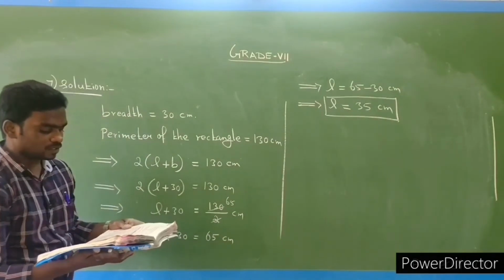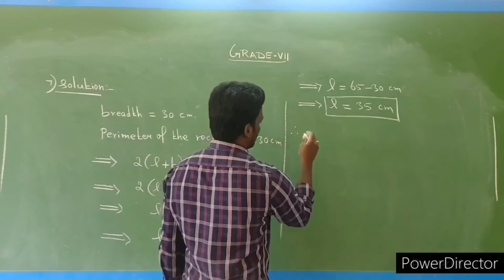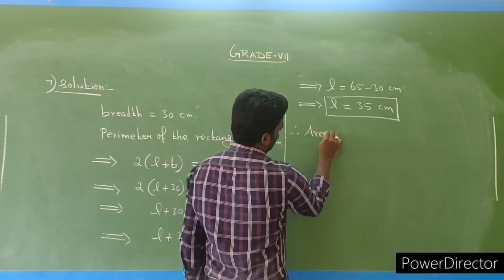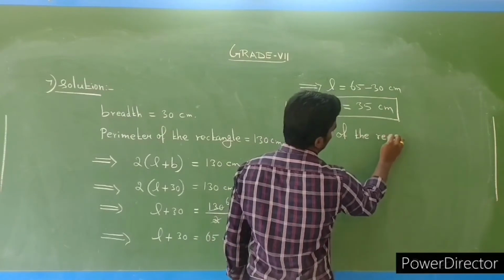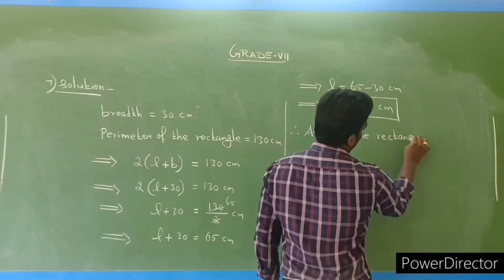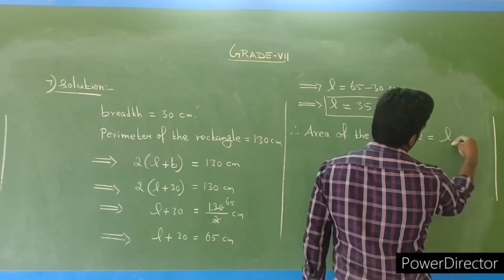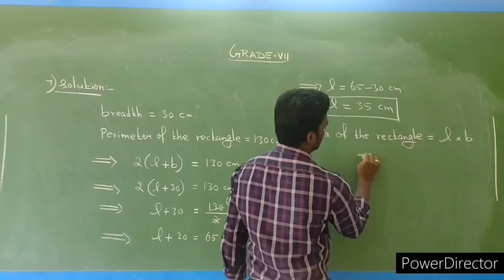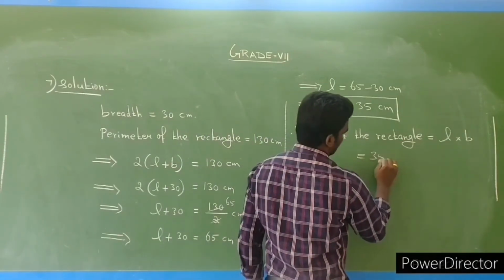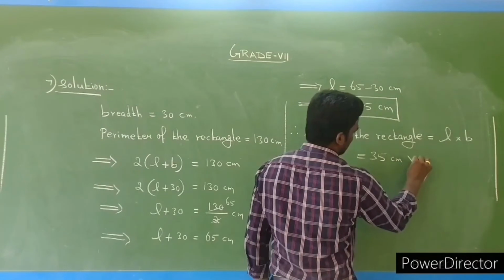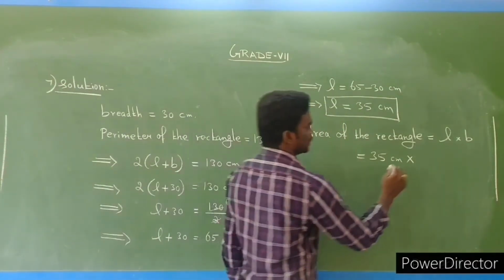So find its length, also find the area of the rectangle. Therefore also find the area of the rectangle. Area of the rectangle. What is the formula for area of the rectangle? L into B, which is equal to the length of the rectangle is 35 centimeter into breadth of the rectangle is 30 centimeter is given.